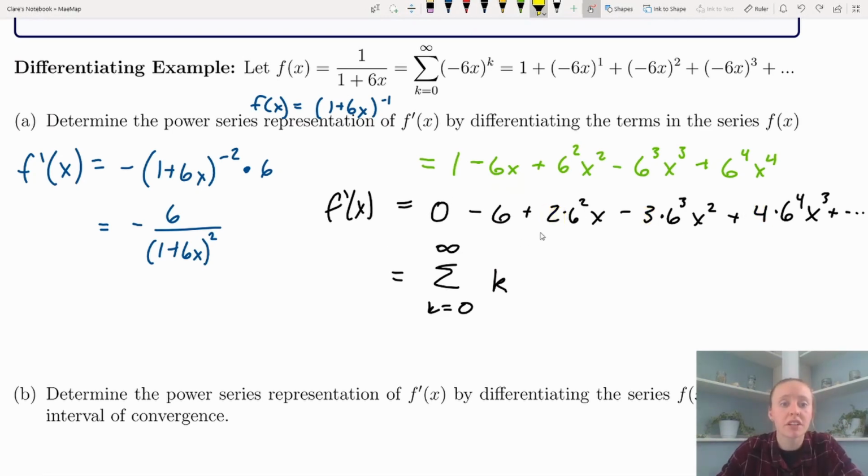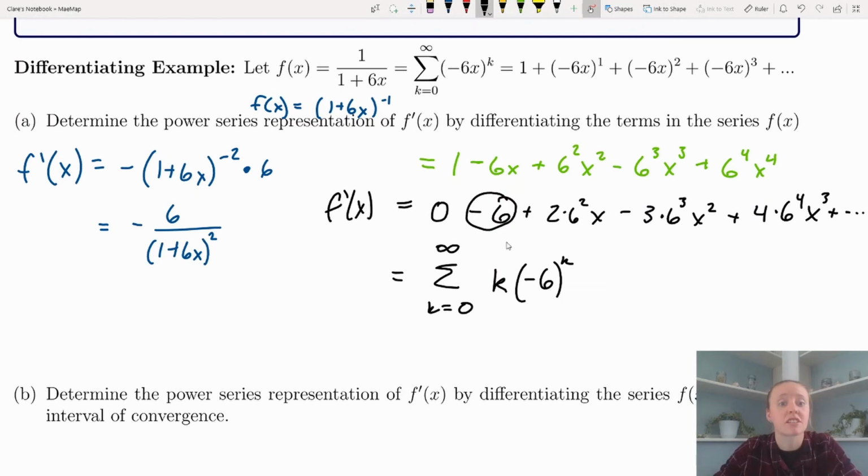Now I just have to figure out those 6's. So notice I have a negative 6 and then a positive 6 squared, a negative 6 cubed, and then a positive 6 to the 4th. So I'll leave that negative with the 6, and that will be raised to the k. Because this is negative 6 to the 0, which is 1, and 0 times 1 is 0.